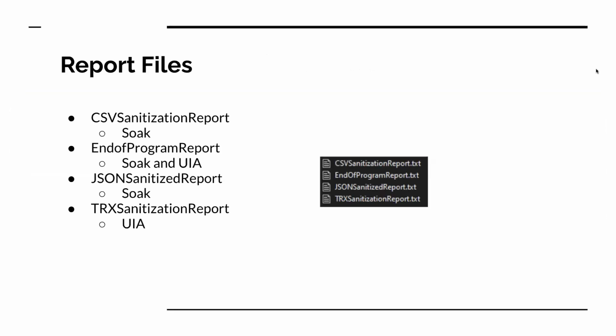At the end of the program, depending on what files you give it, it will create either a CSV sanitization report, JSON sanitization report, and a TRX sanitization report. But the end of the program report will be generated regardless of what tests you are giving to the program. And I'll be passing it on to Anteny.